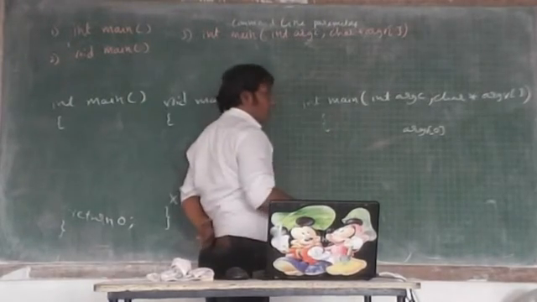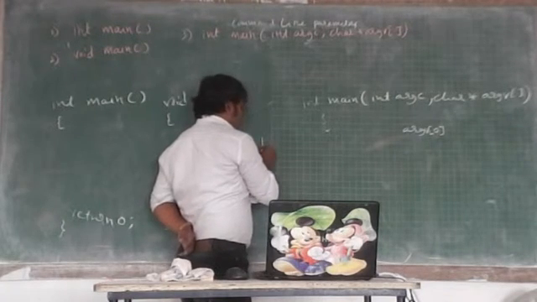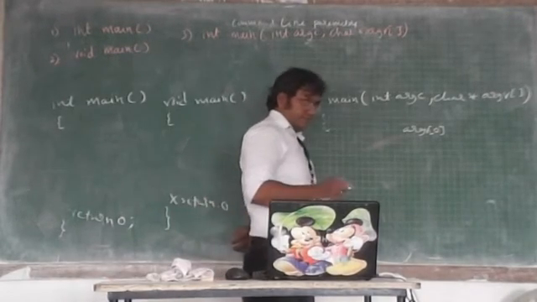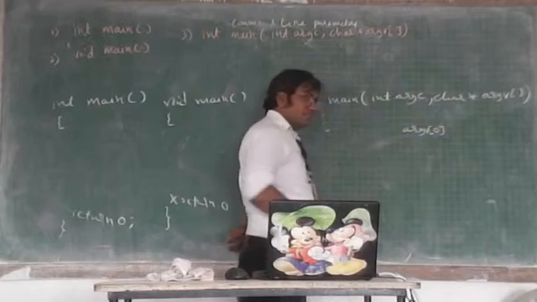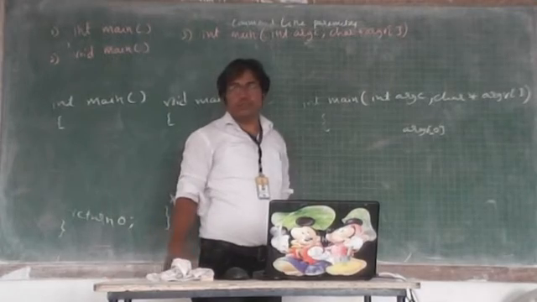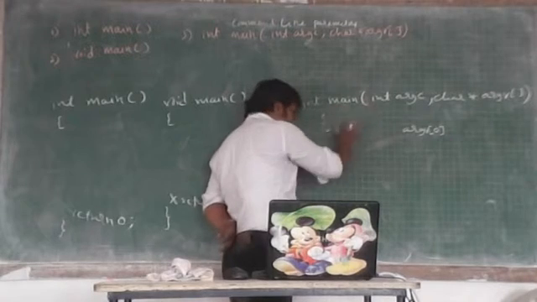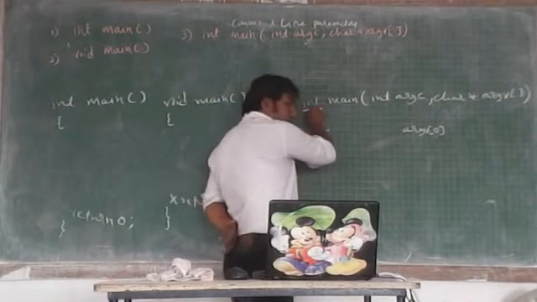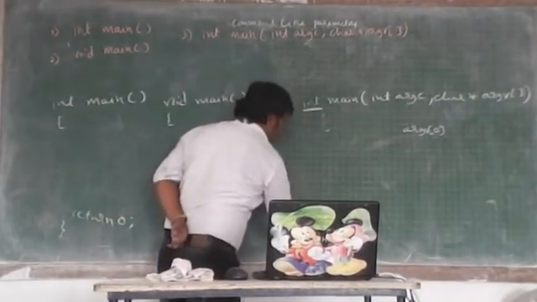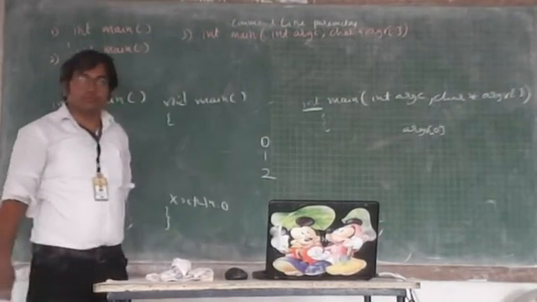If there are 3 arguments you have passed to main, then first the 0 index argument, the first index argument and the second index argument. Okay, I will keep this on hold for some time because you will not understand until I show you the program. Is it okay? You can write the main like this also, and if you are returning an integer, then you must return. Here also the last line of your code must be return 0.